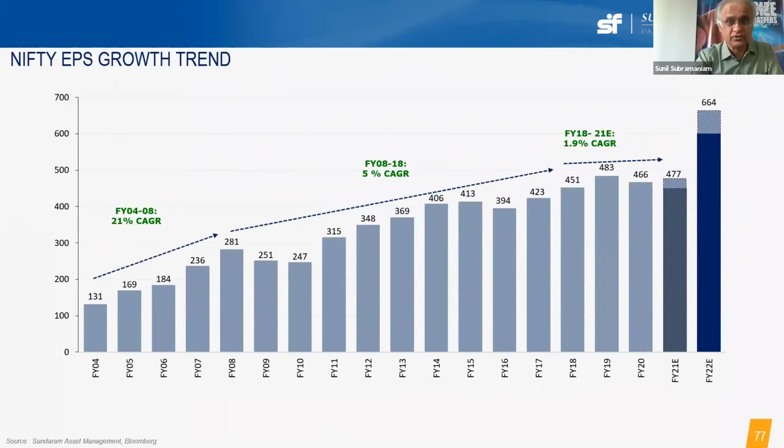Next year, that is 21-22, after 4 years of 450 as an average EPS for the Nifty, we are expecting 664. So this sharp jump in the earnings of large cap companies is a strong indicator that the FII flows which have come in have expected this and will continue to come in.